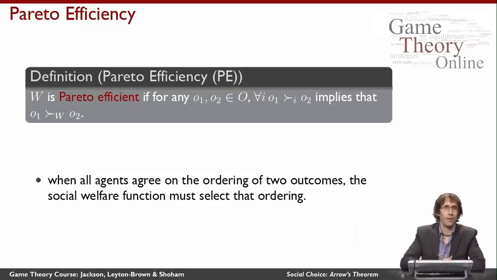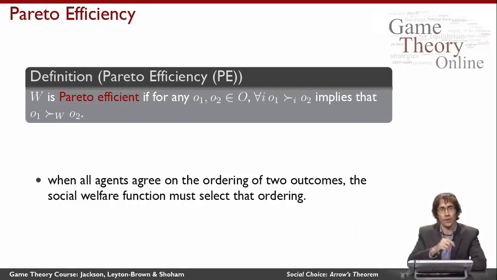Okay, so now let me formally state the conditions that Arrow's theorem speaks about. The first is Pareto efficiency. So recall the idea of Pareto efficiency is that when everybody agrees on how 2 outcomes should be ranked, if it's the case that every agent thinks that A is better than B, then the social welfare function is required also to output that A is better than B. And this is only the case when everybody is unanimous.